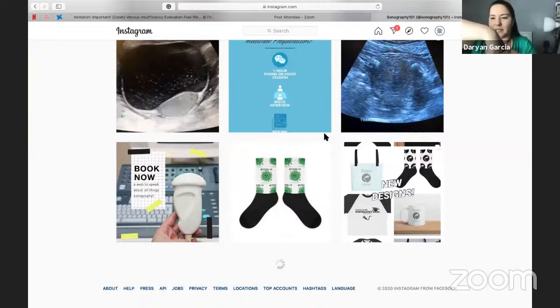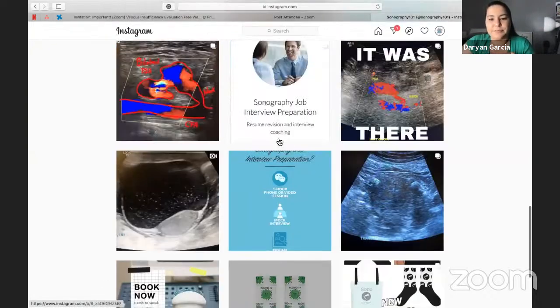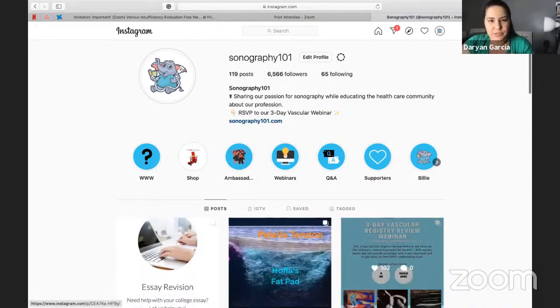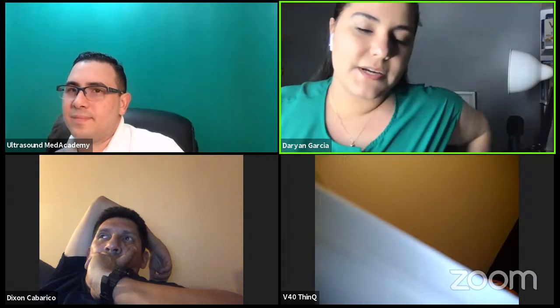So instead of going into the calf tissue, use that bone as the landmark and then tilt inwards, so medially. My internet's acting up, but anyways, that's usually how you want to do it. You can find the image on our Instagram.